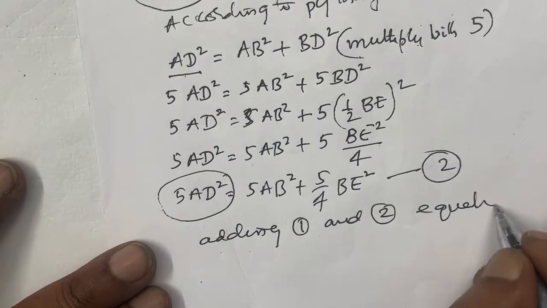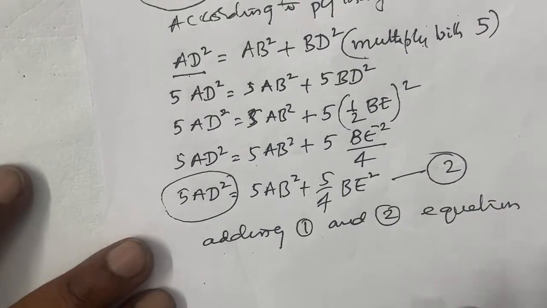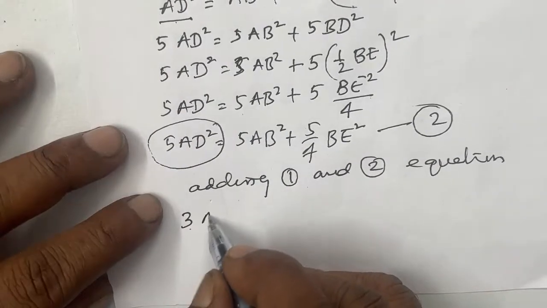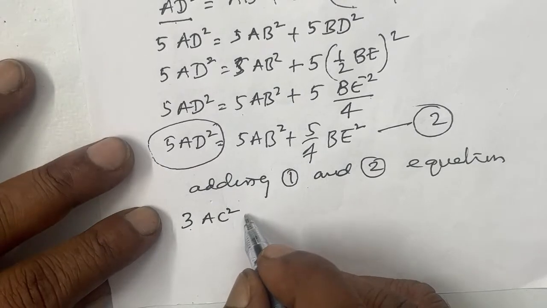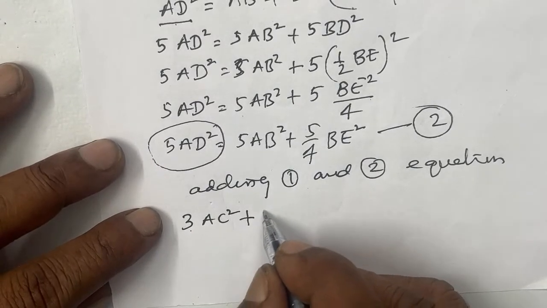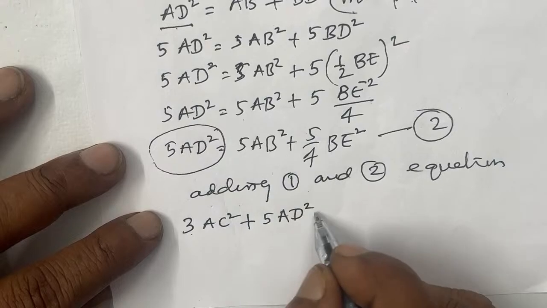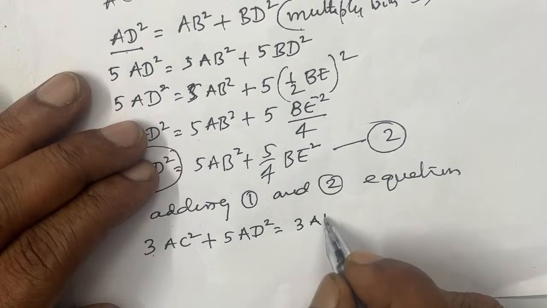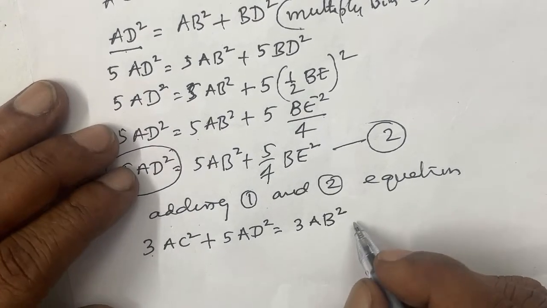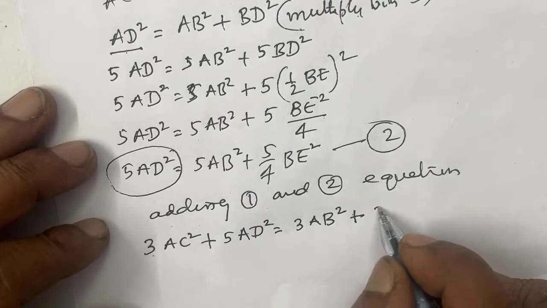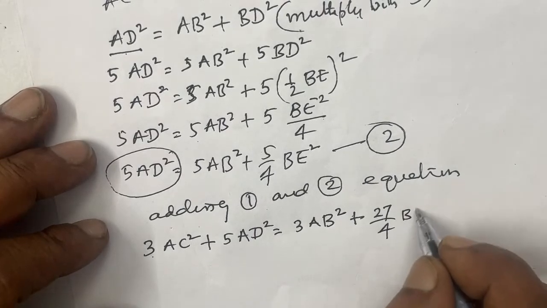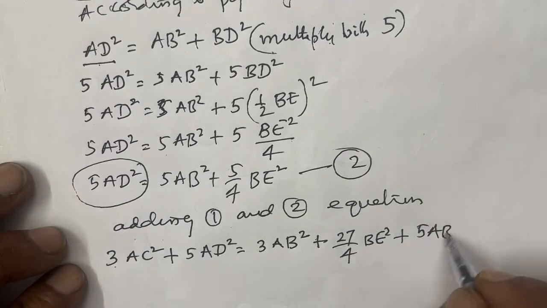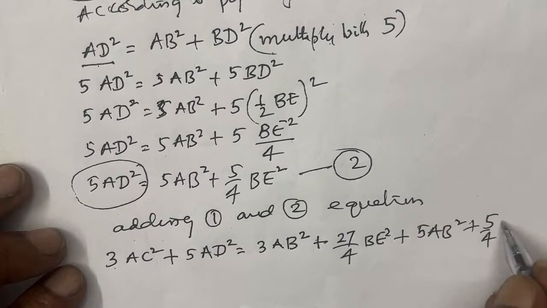First of all, 3AC square plus 5AD square is equal to 3AB square plus 27 by 4 BE square plus 5AB square plus 5 by 4 BE square.